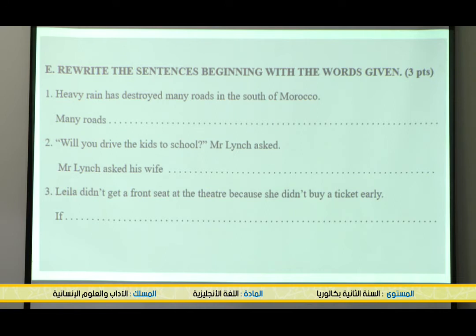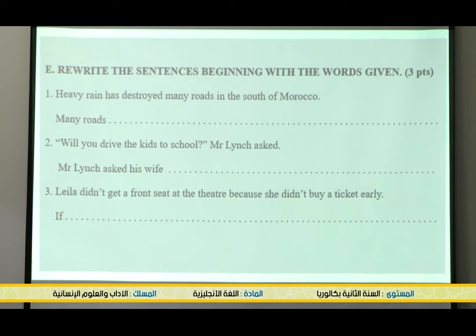So whenever we start the sentence with the object, you know that you're dealing with the passive voice. And the form, again, the form of the passive voice is, if you remember, the subject plus verb to be in the tense of the main verb. So verb to be here should be in the present perfect.